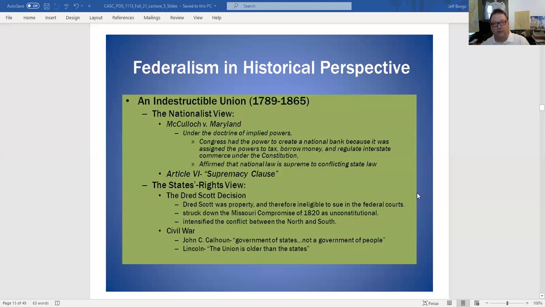In 1811, that charter expired and that bank ceased to exist. But Congress went ahead and chartered a second national bank. And this is where this first Supreme Court case comes into play. So you need to know McCulloch versus Maryland. And I'm sorry I didn't have the year on here, but just put behind it in parentheses 1819.